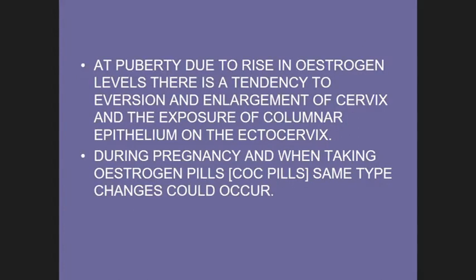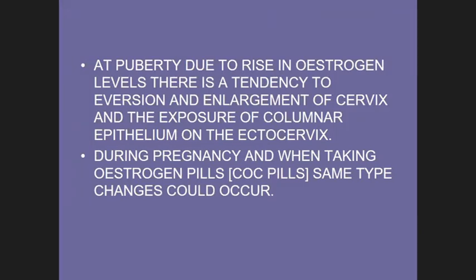So at puberty and in the elderly, the squamocolumnar junction is up because of the lack of estrogen. But at puberty, with the rise in estrogen level, there is a tendency for the squamocolumnar junction to come down, with eversion and enlargement of the cervix and extrusion of the squamocolumnar junction onto the ectocervix.